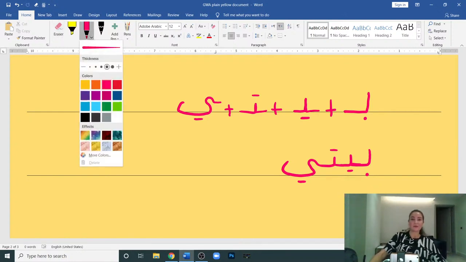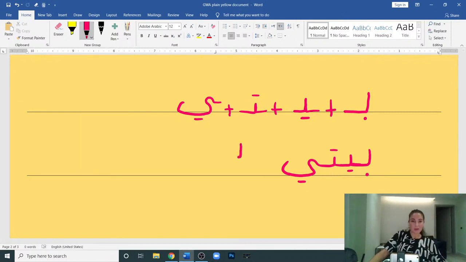But when you're really writing, you shouldn't remove your hand, and it flows. So this is the ba, ye, te, e. So with the punctuation, beite. Okay? Yalla, one last time. Try again.